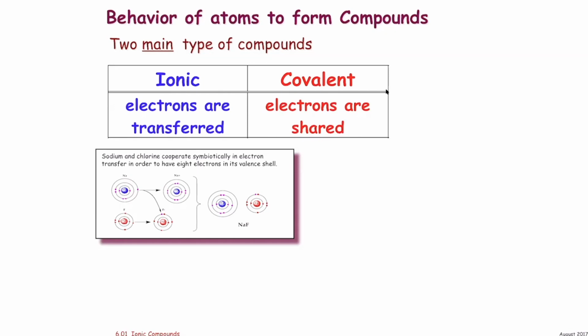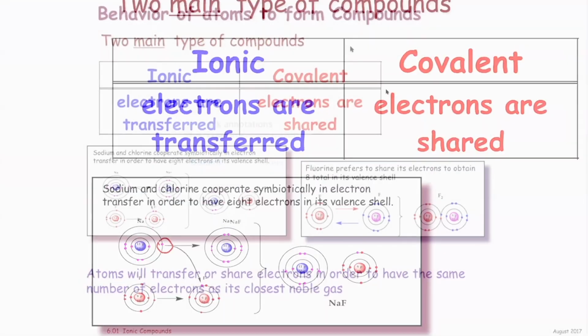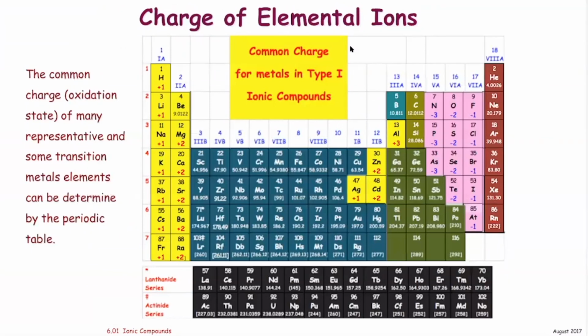And when they become stable, then they will form bonds. And this is an example right here of what I mean. Sodium has 1 electron in its valence shell. And you know that because sodium is in the 1A family in the periodic table. You know how many electrons are in the outermost shell on the periodic table by just knowing how to read it. This is the 1A family.